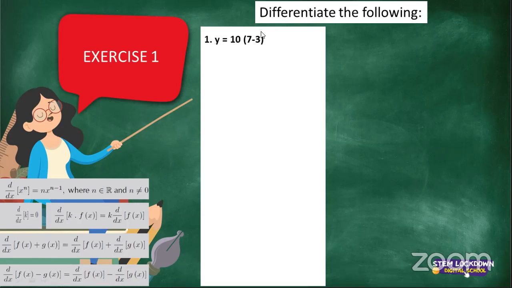So now we're given 10 multiplied by 7 minus 3. Already we can see that our function is a constant, isn't it? If it's a constant, it means we're gonna apply this rule. So we're simply gonna simplify.